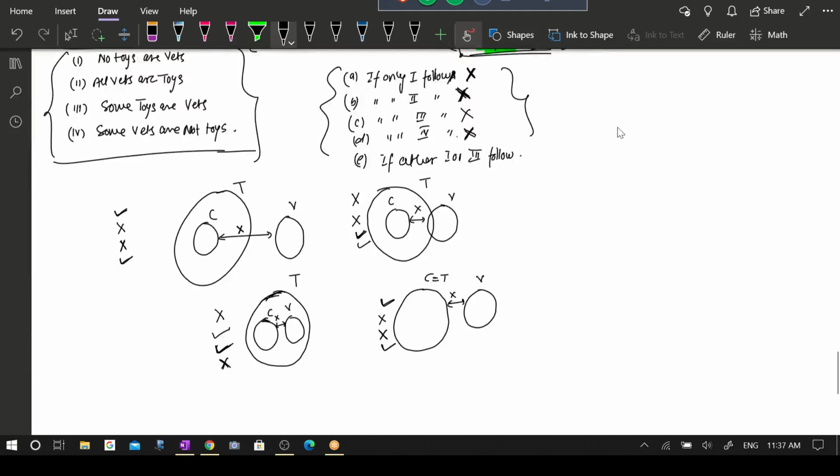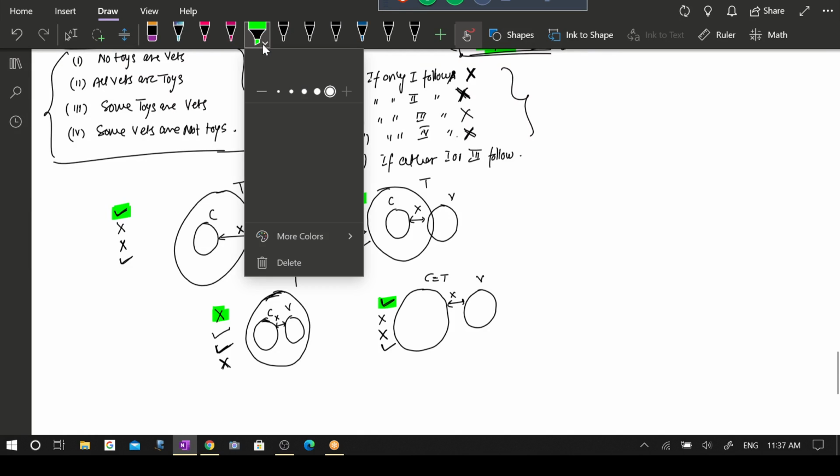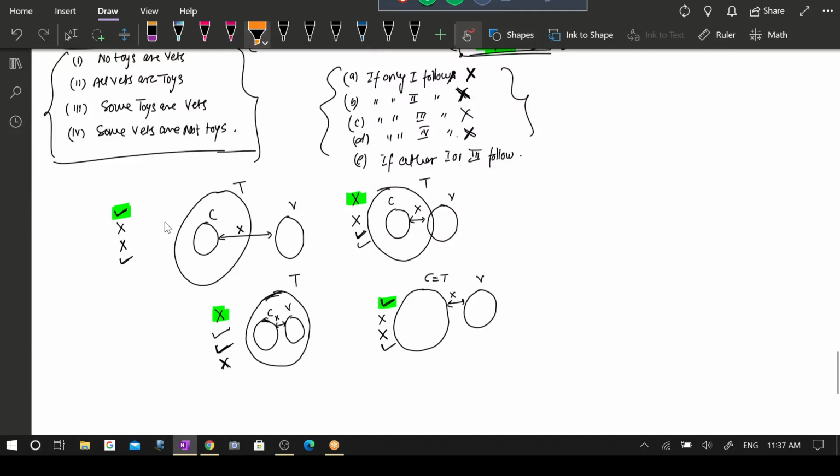And then either one or three follows. I'm marking one with green and three with orange. Now tell me, isn't this either 1 or 3 follows? First diagram, 1 is following and 3 is not following.